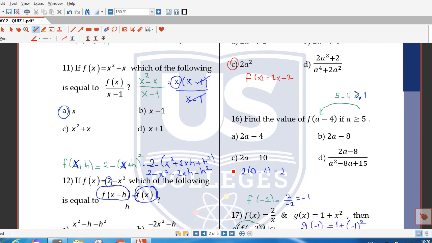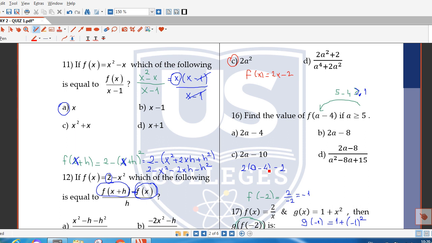Question 16, by using the same question, find f of a minus 4. In this case, for numbers equal to 5 or greater than 5, the minimum value of a will be 5. 5 minus 4 is equal to 1. If I use any number greater than 5, 6, 7 for example, all other values will be greater than 1.